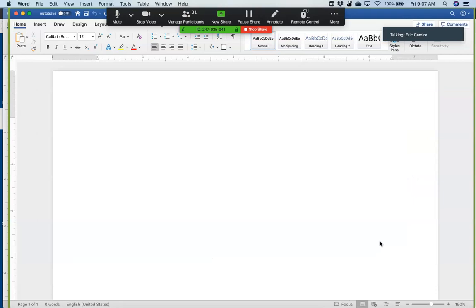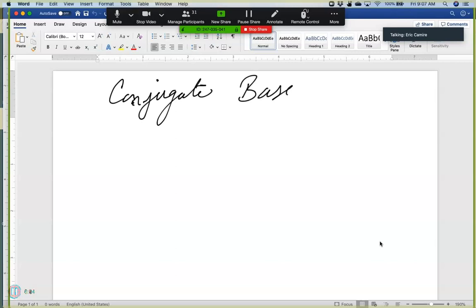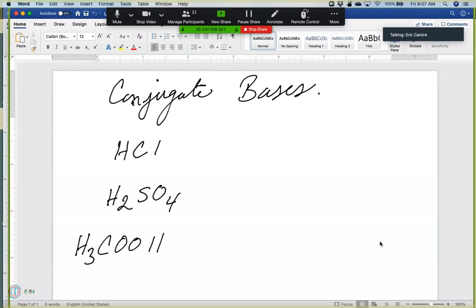All right. So let's talk about conjugates first. Oops, wrong tool. So we were looking at technically conjugate bases. What that means is if we have an acid, say hydrochloric acid, or maybe sulfuric acid, or even something complicated like acetic acid, all of those are acids.